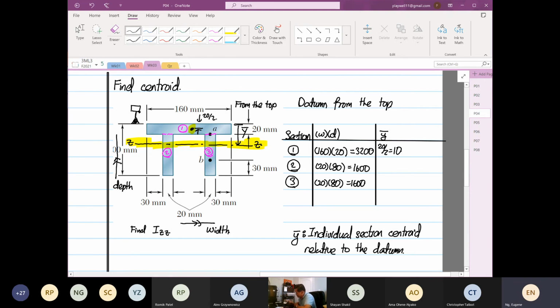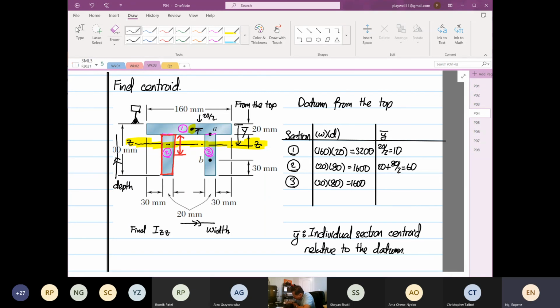For section 2, it's equal to 20 plus 80 divided by 2, which is equal to 60. So why is it 60? Section 2 is only this section, so you divide by 2.